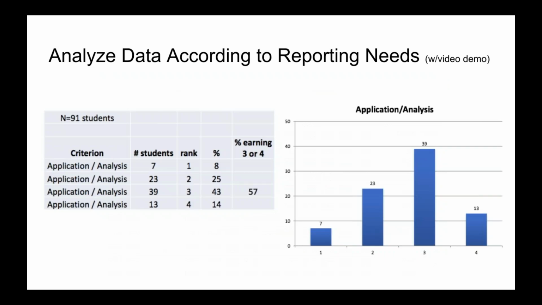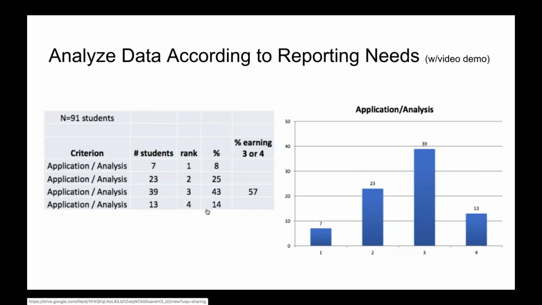As an example for you, this is one way that the data could be analyzed. I'm showing here just one of the criteria from the quantitative literacy value rubric, the application and analysis one. I had data downloaded from 91 students, and I broke them out by rank. It's really easy to manipulate in Excel to do this for me.